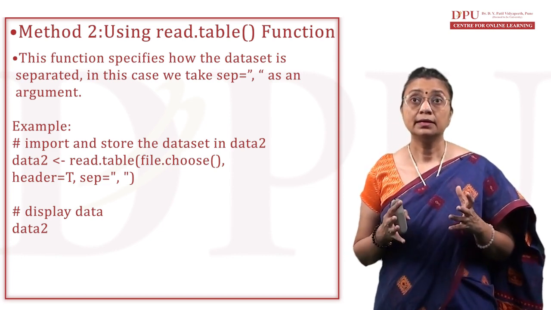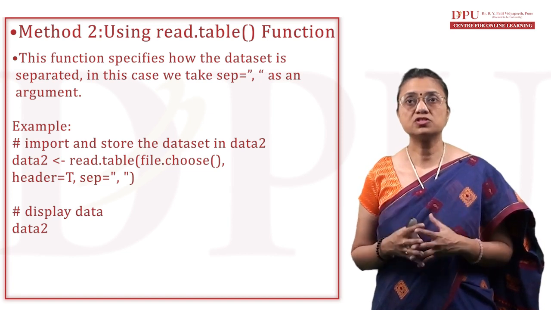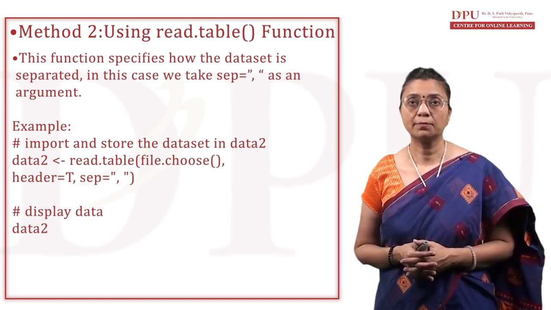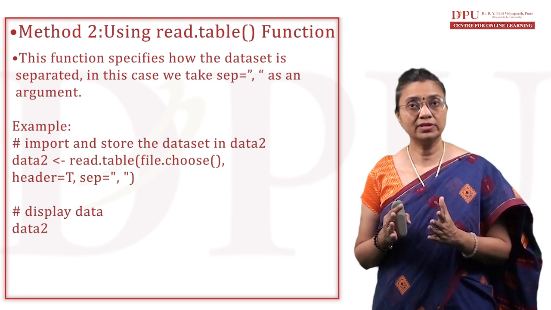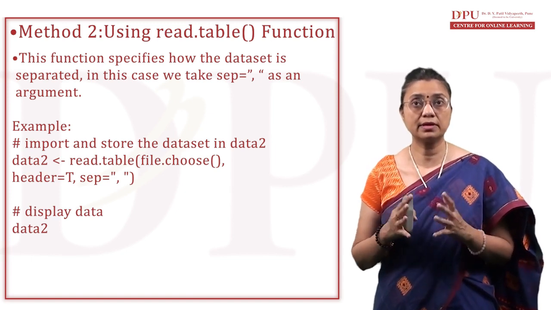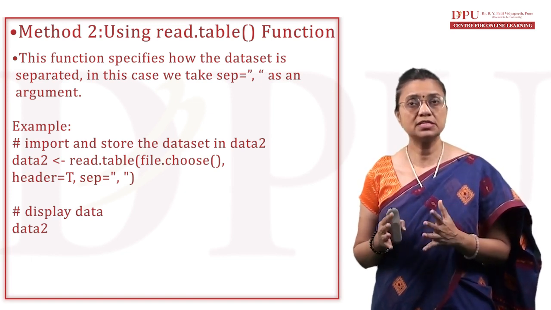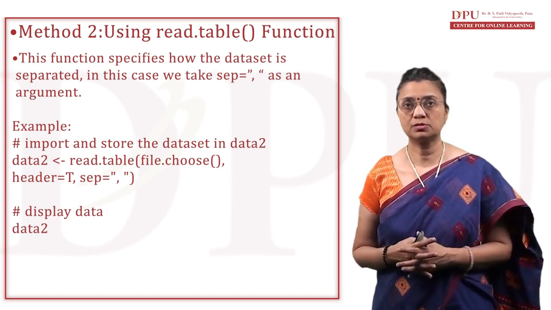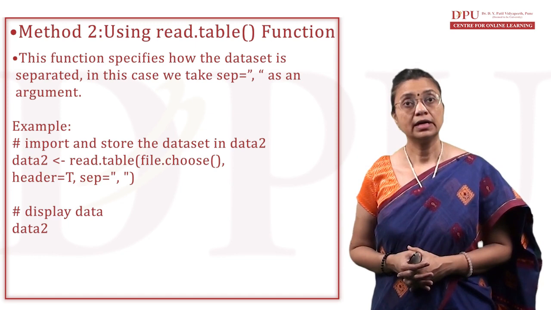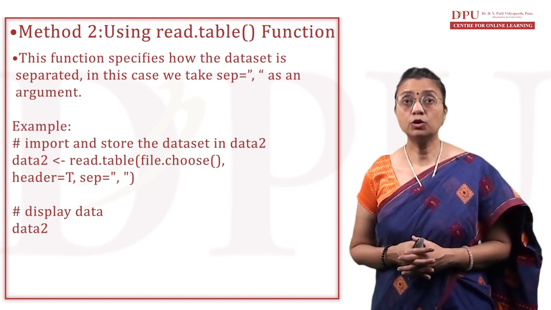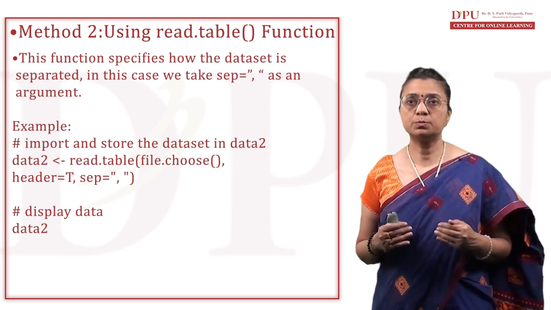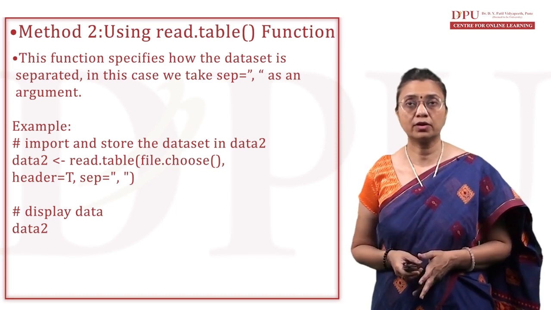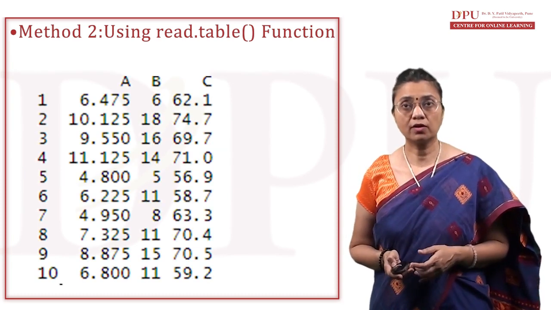So it will be taking into consideration the file wherever there is a comma. In the file, when the comma exists, it will be considered as one column, and all the CSV files can be used with the help of read.table, and we can display the data with the help of data2. So you can see data2 is the variable which is displaying the entire set of 10 records. You can see over here the records are same.